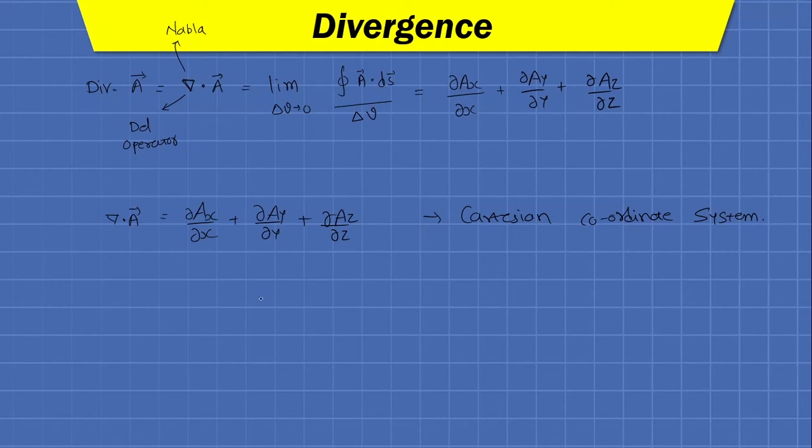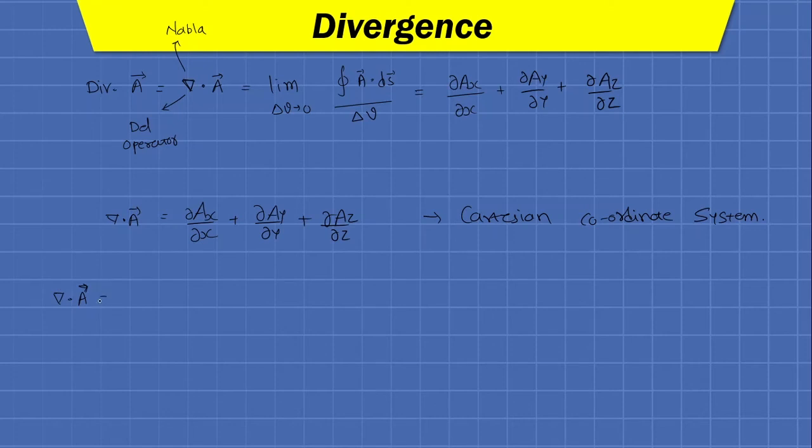One can also derive such formulas for cylindrical and spherical coordinate systems by considering the small differential volume element as a cylinder and a sphere respectively, but we are not going deep into that part. Rather, we will directly use the formula in case of numericals.